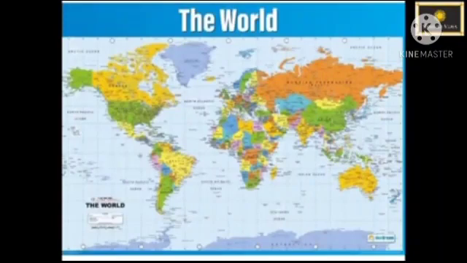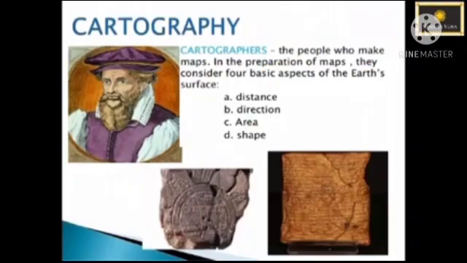Maps are drawn by a cartographer, a specially trained person to draw maps. Modern map making was started by the ancient Greeks. Gerardus Mercator was the first to draw the world map in 1538.